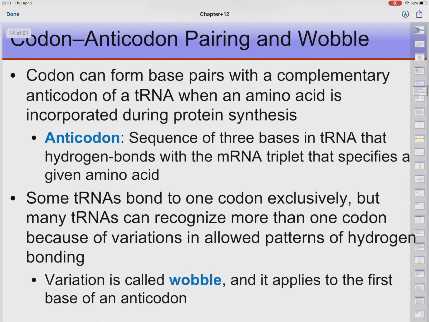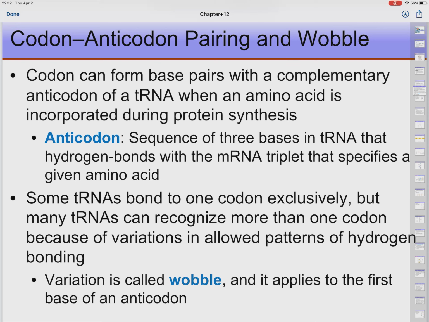All right, so the codon will form a base pair with an anticodon on the tRNA so that the tRNAs are recognized and bring in the proper amino acids. So the anticodon is the sequence on the tRNA. Some tRNAs bond to one codon exclusively, but many other tRNAs can actually recognize more than one codon because of something called the wobble. And this has to do with different hydrogen bonding patterns.